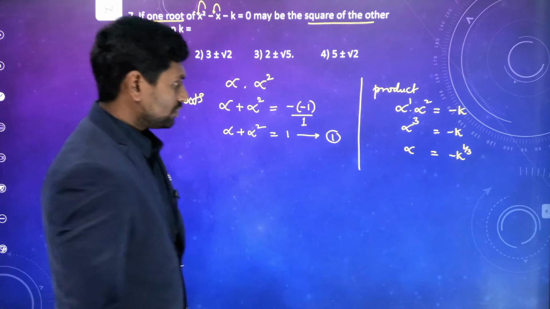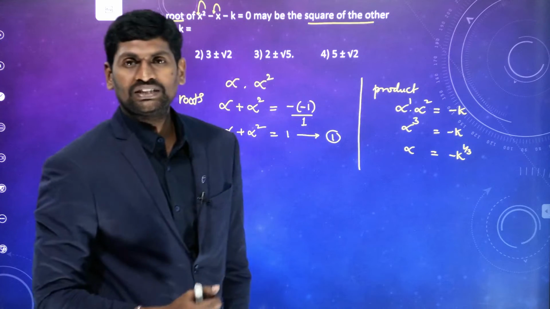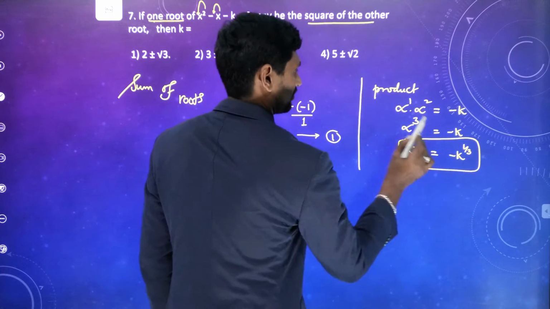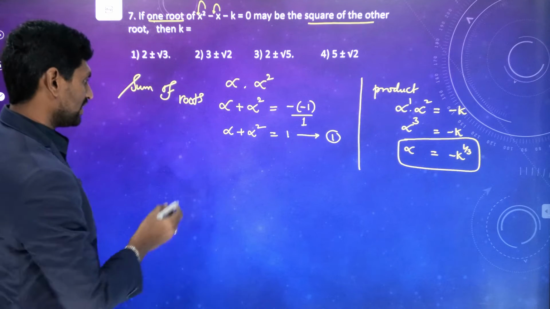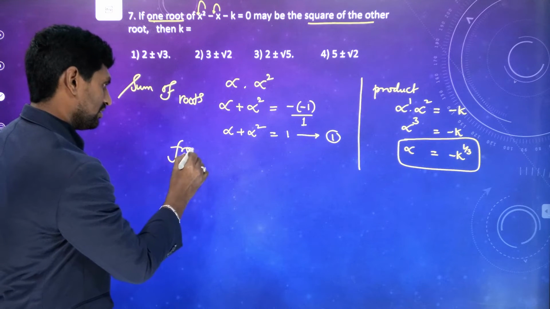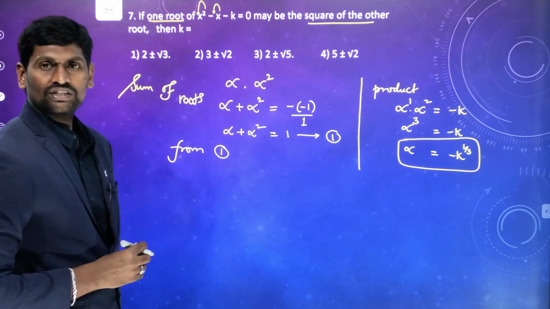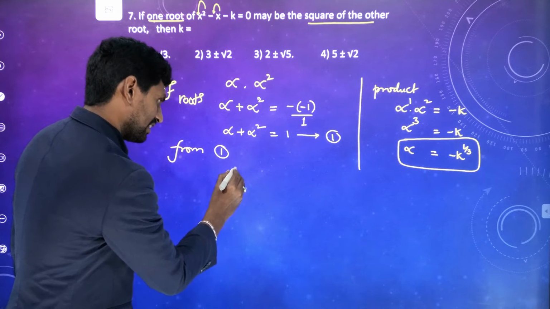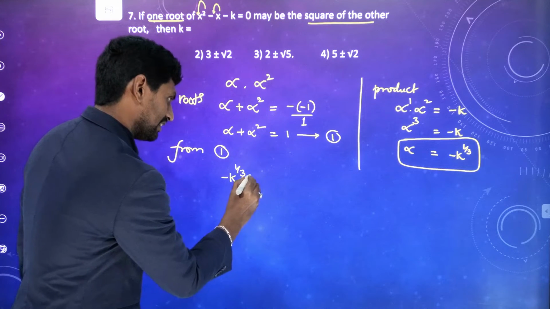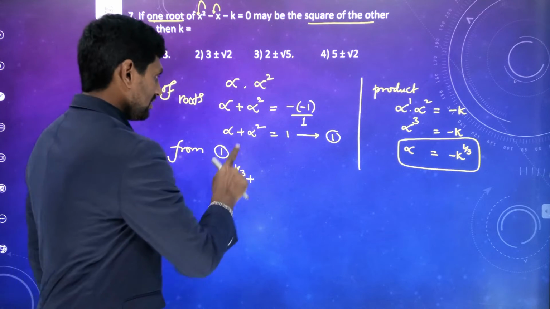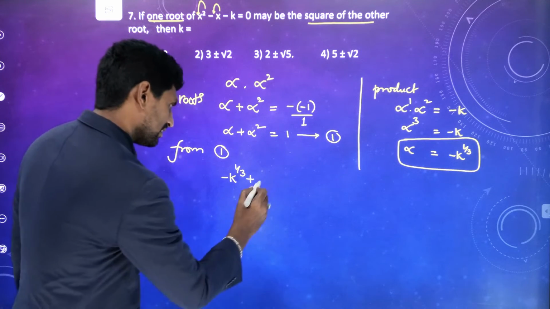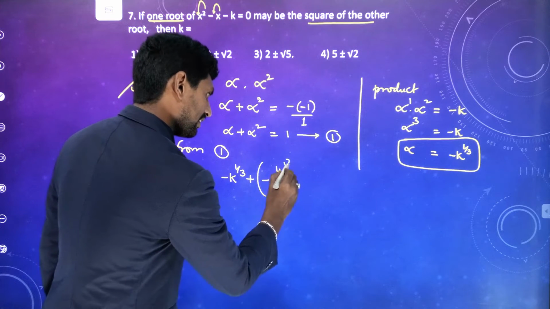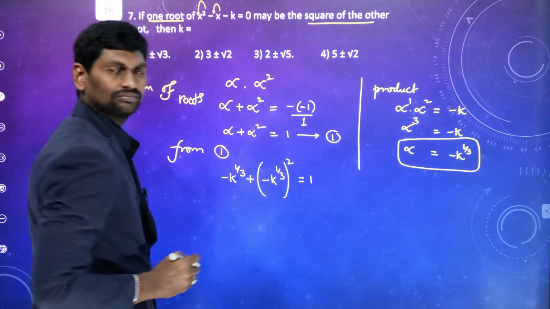Okay? Now this minus k power 1 by 3, substitute in the equation 1. The required value we are substituting in equation 1. So I am writing from the equation 1: in the place of alpha you can write minus k power 1 by 3, plus alpha square, minus k power 1 by 3 whole square, equals to 1.